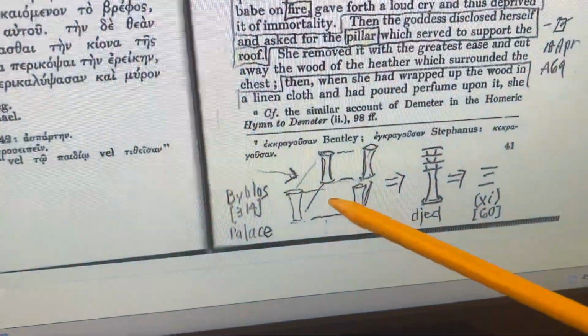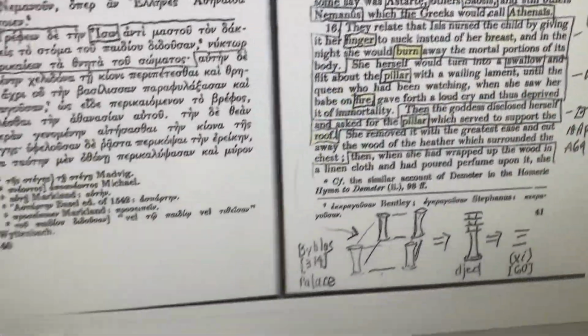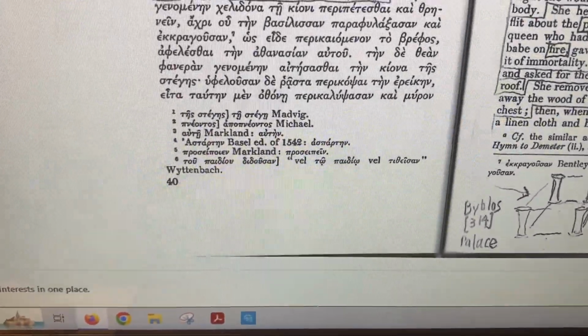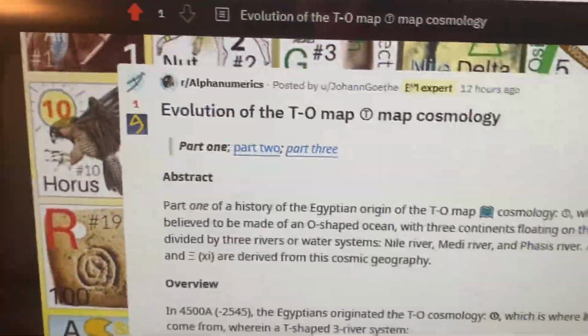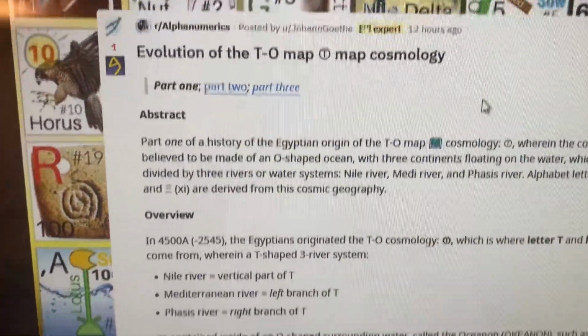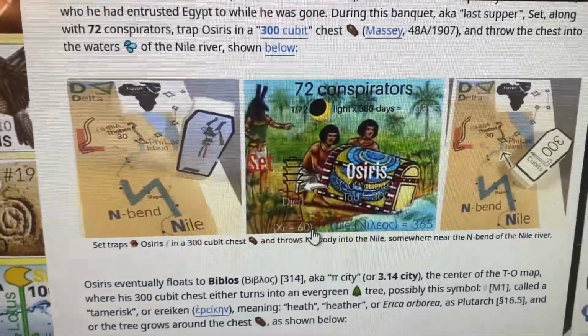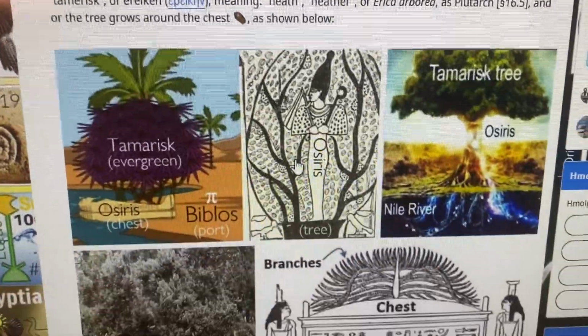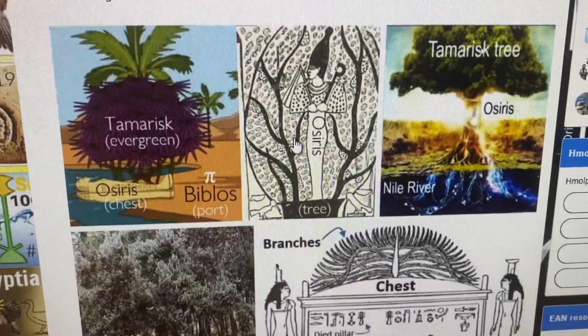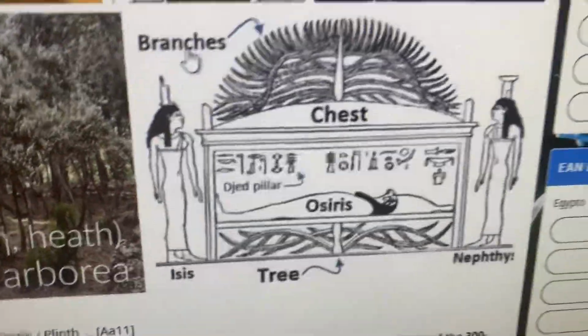which are right here. So what this means about burning the child, if we go to this page, which I just wrote today, 12 hours ago, we see Osiris getting thrown in the river. There's Osiris turning into the tamarisk tree, grows into this. There's his chest with the tree around it.